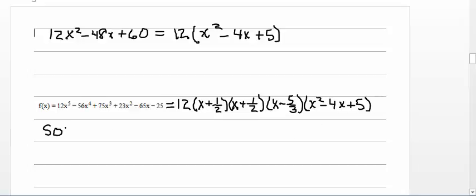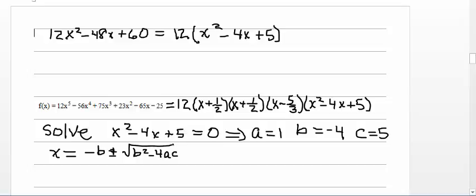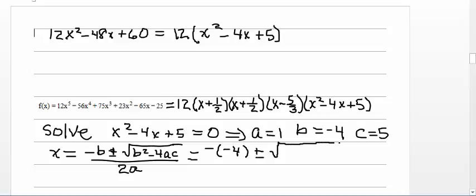To find the zeros of x squared minus 4x plus 5, I'm going to solve x squared minus 4x plus 5 equals 0. A here is 1, B is negative 4, C is 5. And I'm going to use the quadratic formula, which told me my x would be negative b plus or minus the square root of b squared minus 4ac all over 2a.